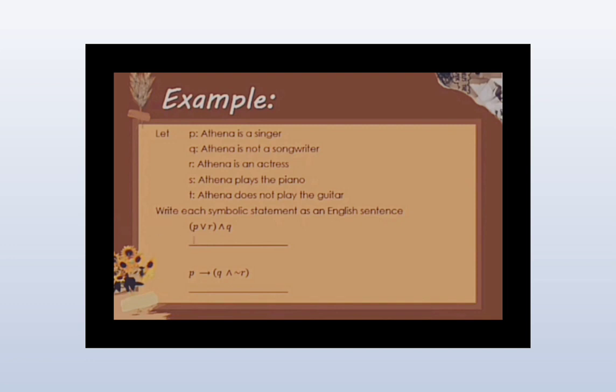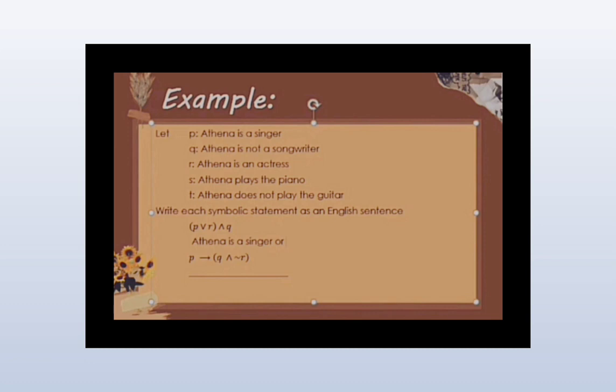So for the first symbolic sentence, we have here the quantity of P or R, and Q. So we let P be Athena is a singer, or, we let R be Athena is an actress.